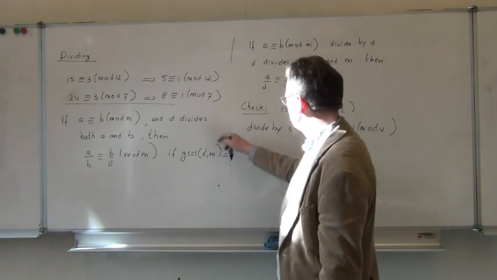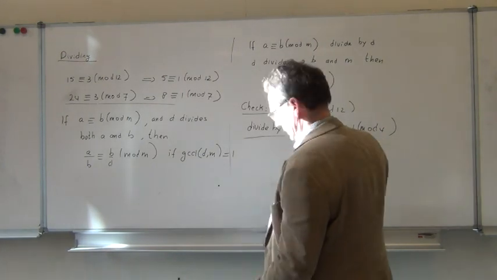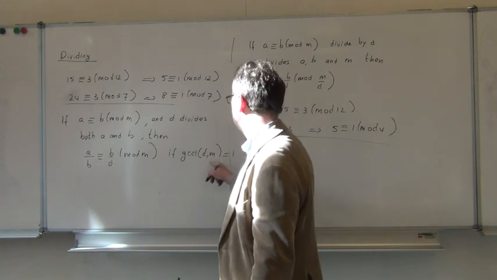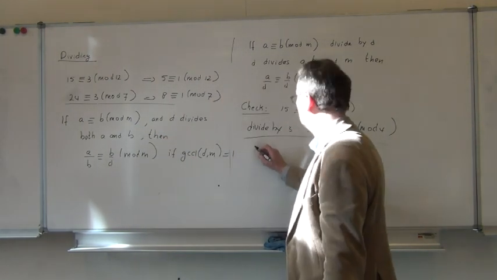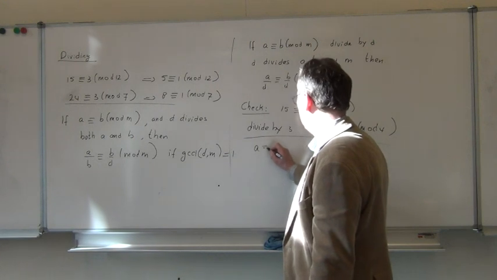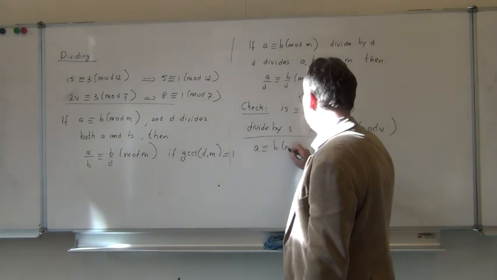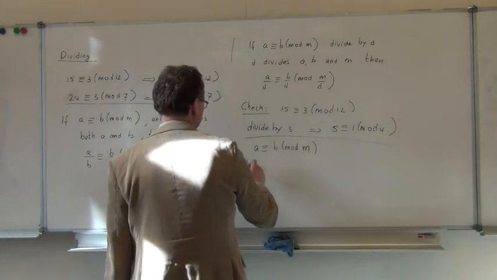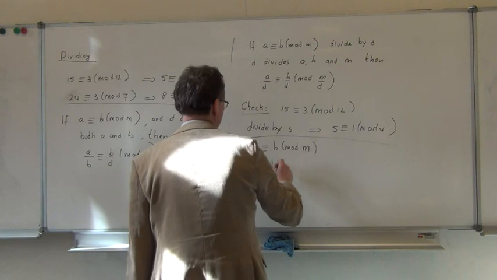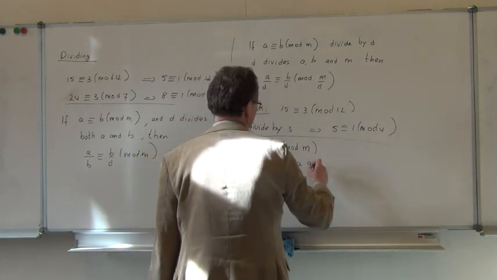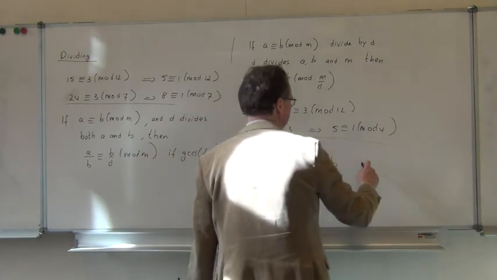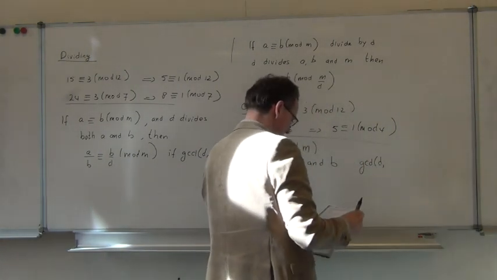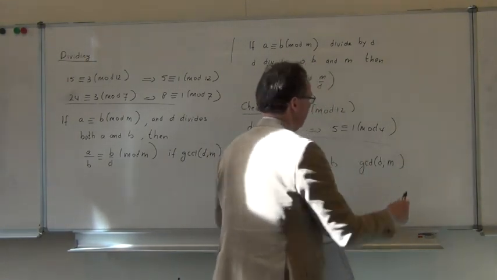It's actually very close to that rule, and you can find it on page 57. So if the GCD is not 1, we go again. We start with A congruent B modulo M, and D divides A and B. Now we have the GCD of D and M. Well, it's not necessarily 1.